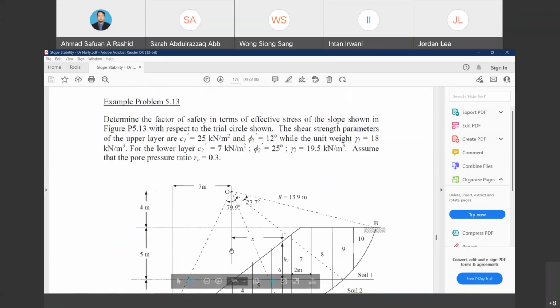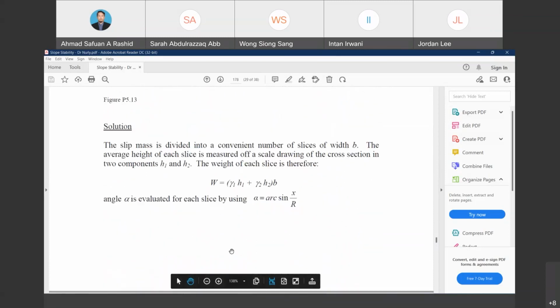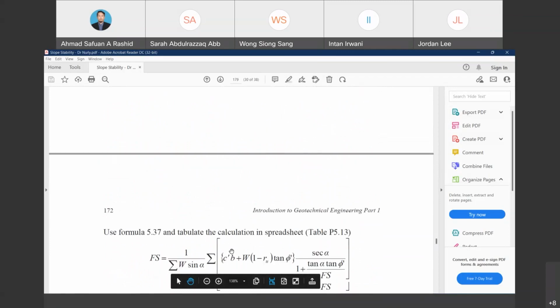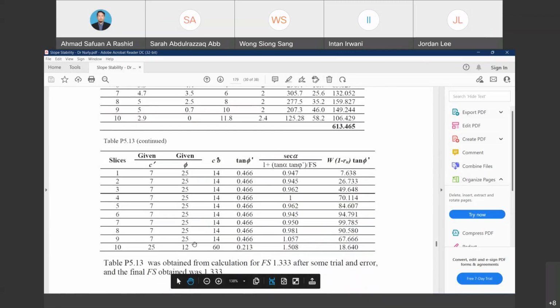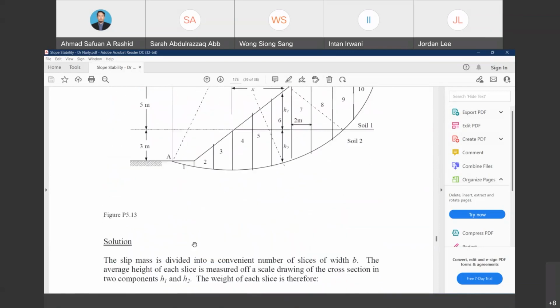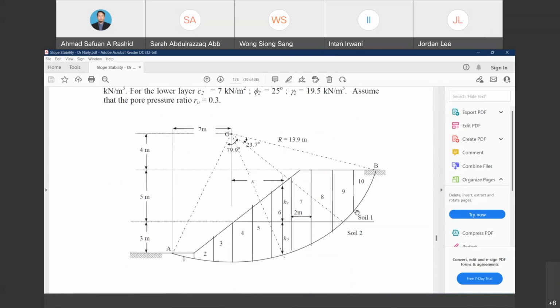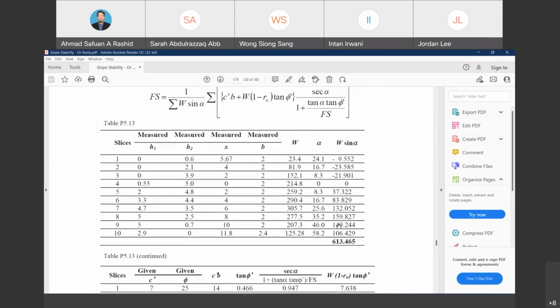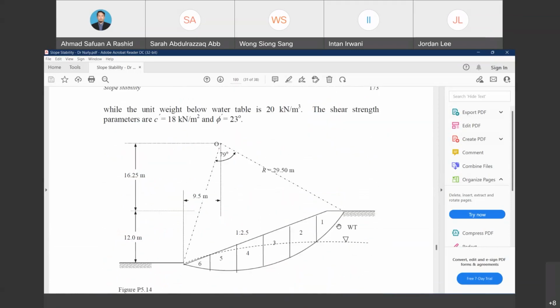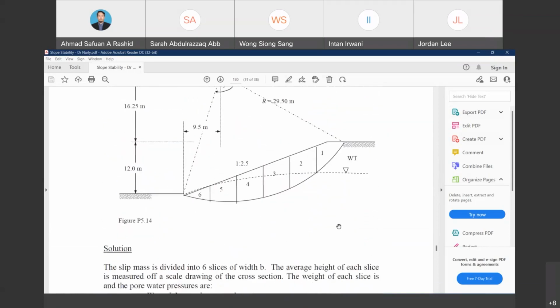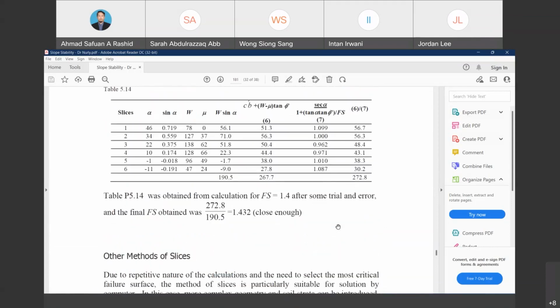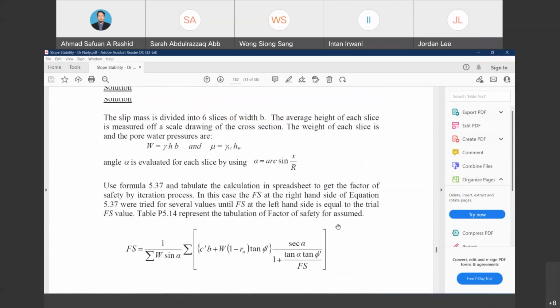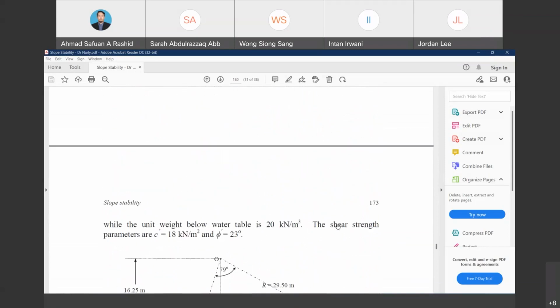But for slice number 25, which is not right, because it has 2 different lengths, which represent soil number 2 and soil number 1. So it's not advisable to refer to the example of Dr. Noli for that example.